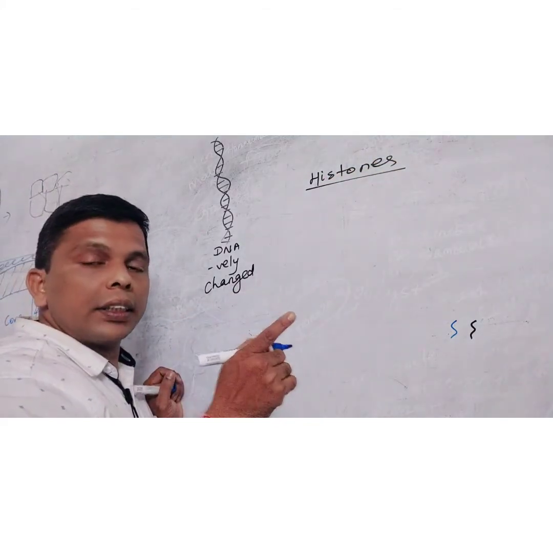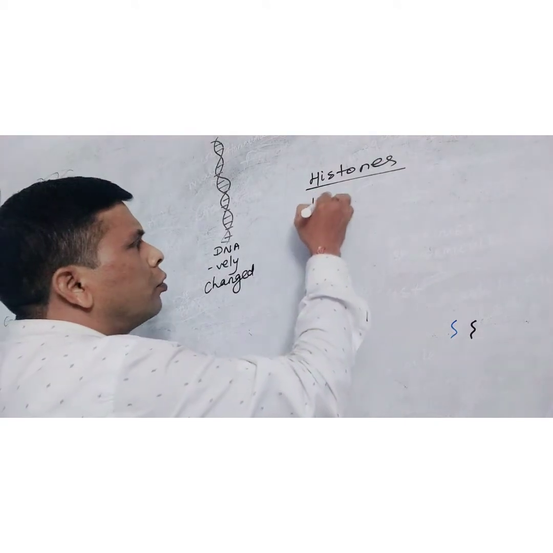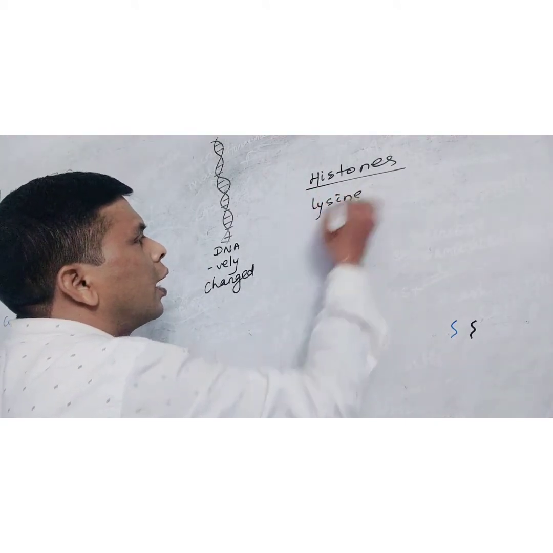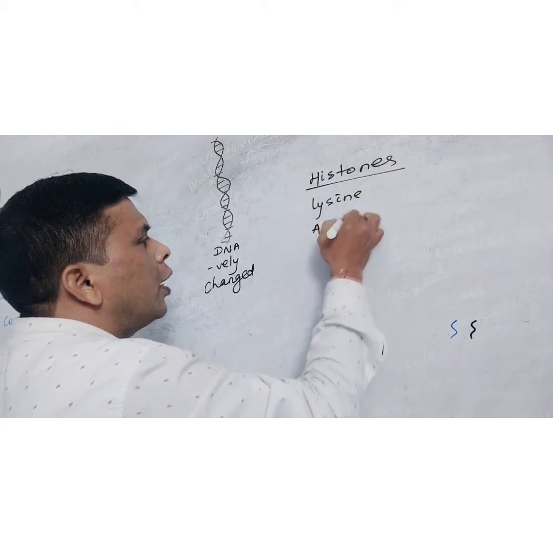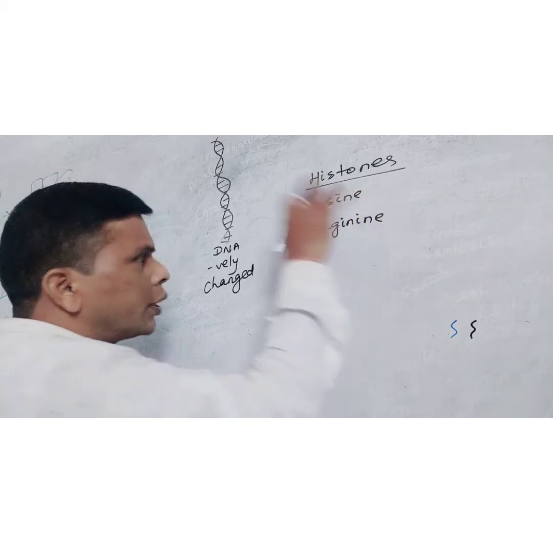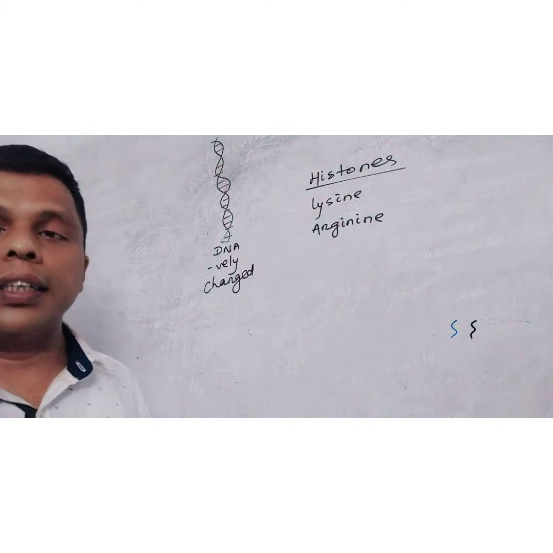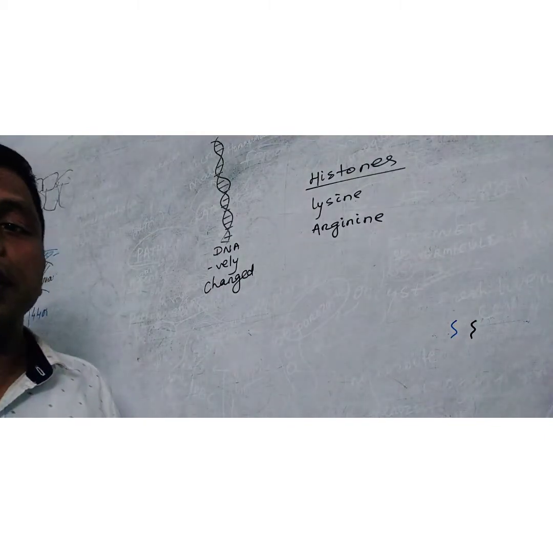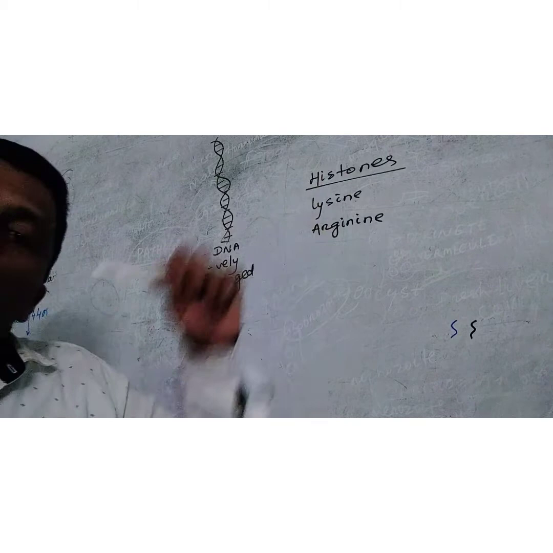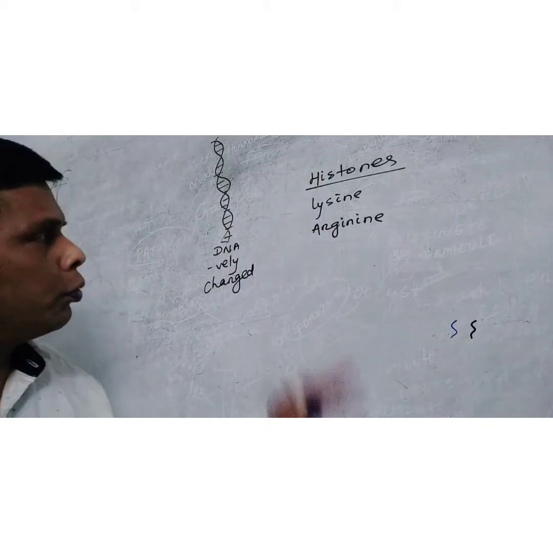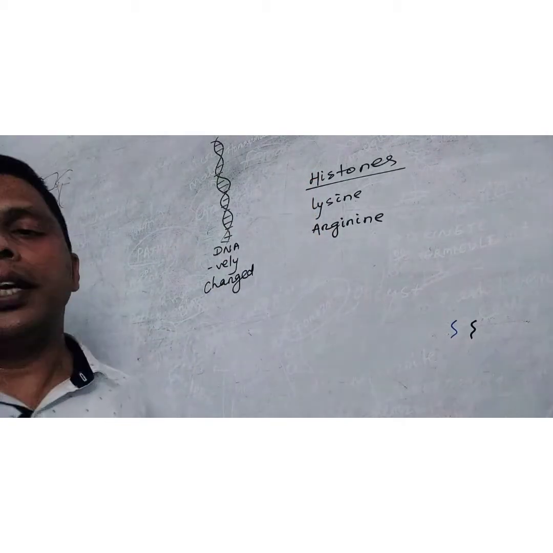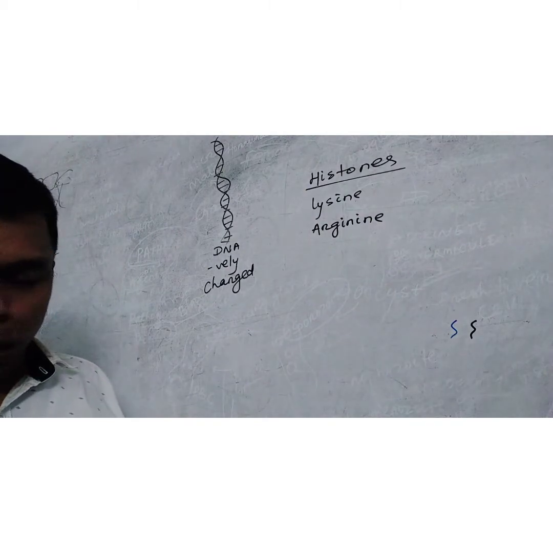That means the histone consists of lysine and arginine; such amino acids are present in histones. Lysine and arginine are basic amino acids. A string of amino acids forms the protein, and a string of basic amino acids forms the histone protein.